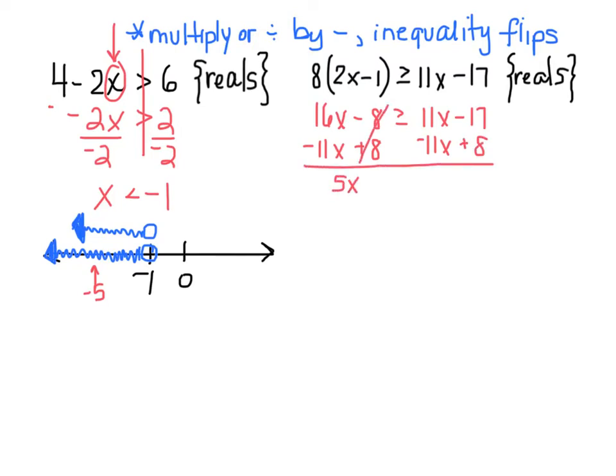The 8's cancel. Both x's cancel. And -17 plus 8. Divide by 5. I'm dividing by a positive, so nothing changes. So x is greater than or equal to -9/5.